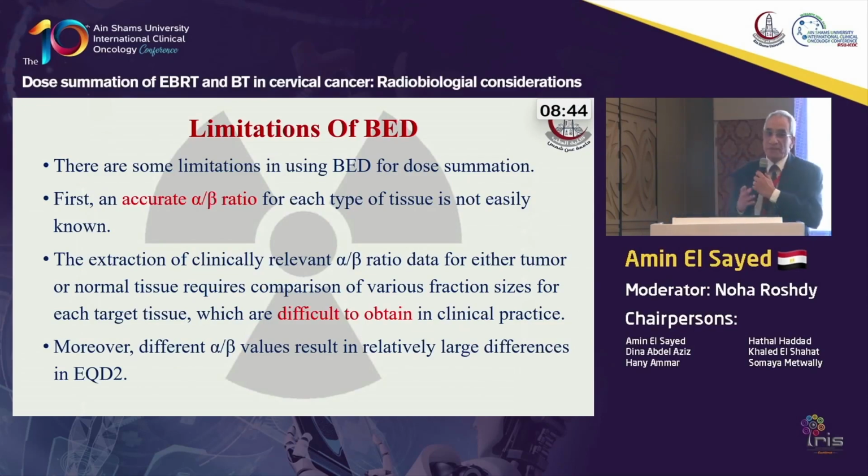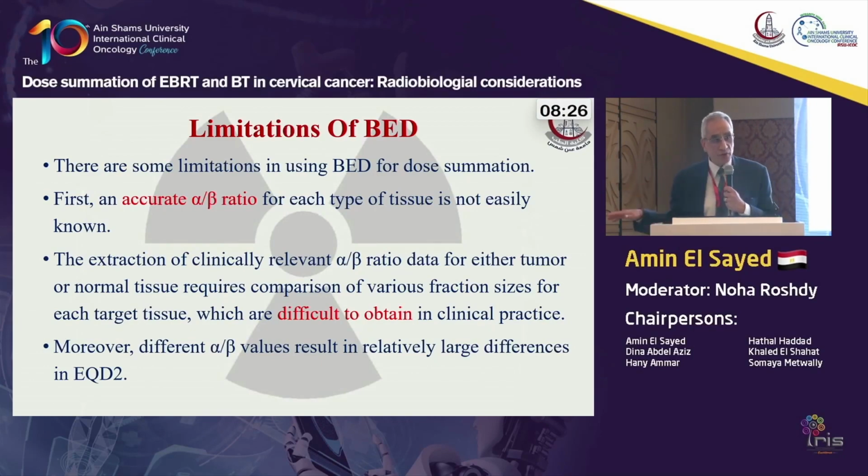when we estimate the alpha over beta values, or when we try to get the alpha over beta ratio from clinical data, we use some isoeffective schedules.